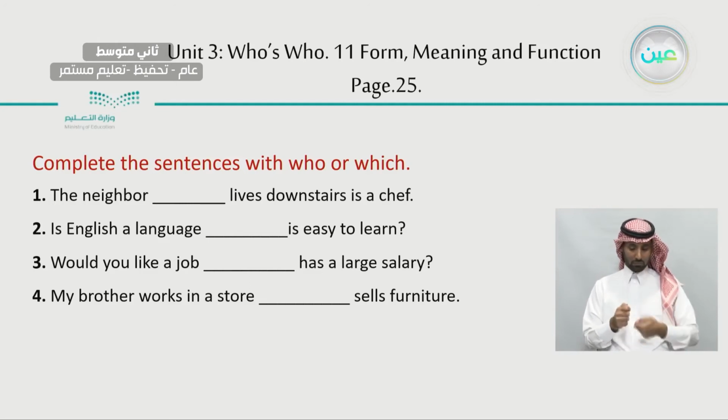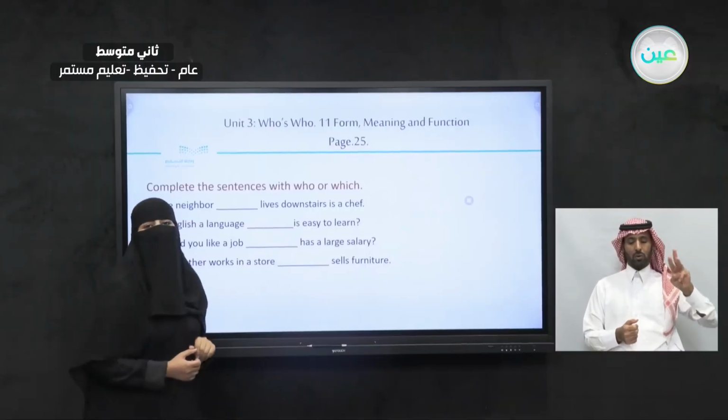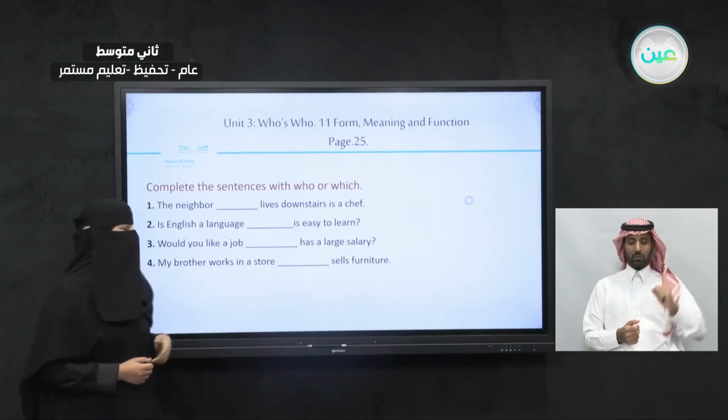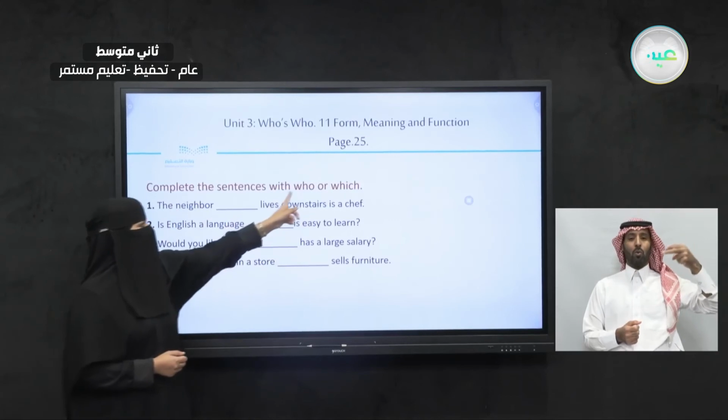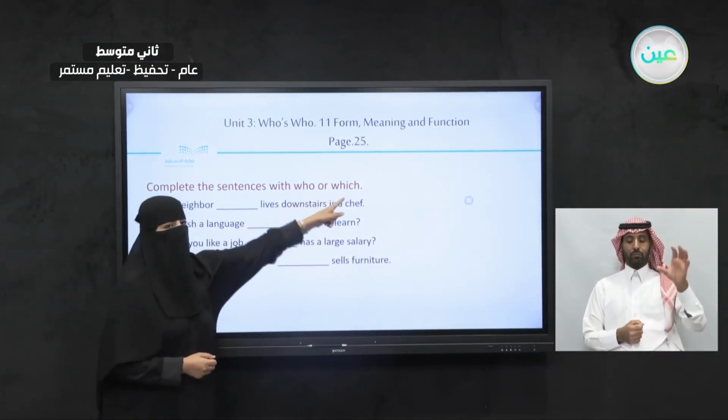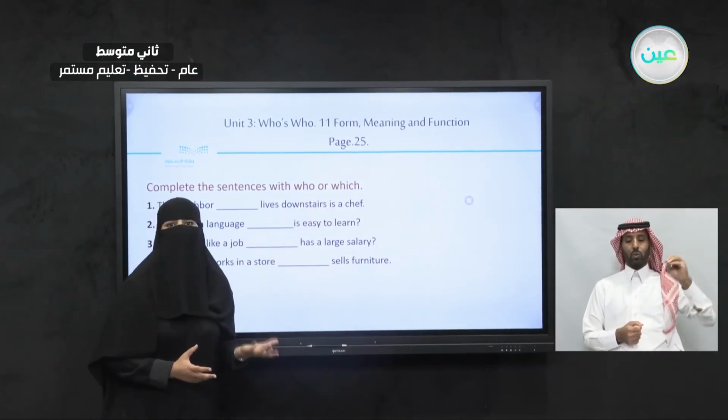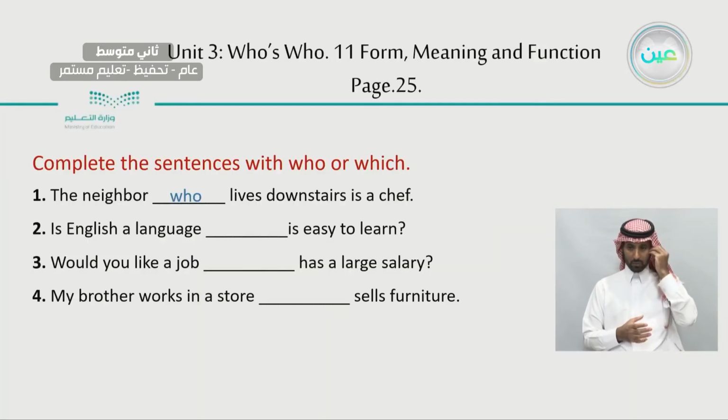So when I say lives downstairs is a chef, what do I use to make this sentence a well-formed sentence? The neighbor, we're describing the neighbor. Which one are we going to use? Who or which? We're describing someone. The neighbor who lives downstairs is a chef.